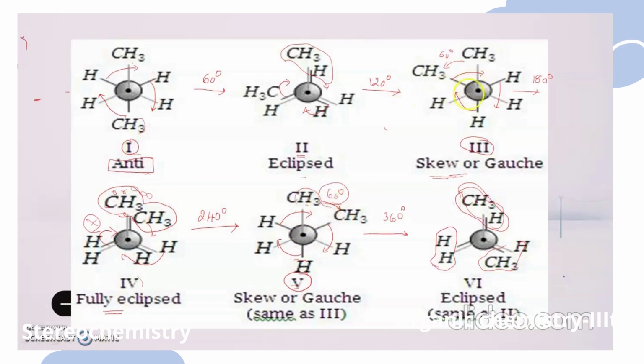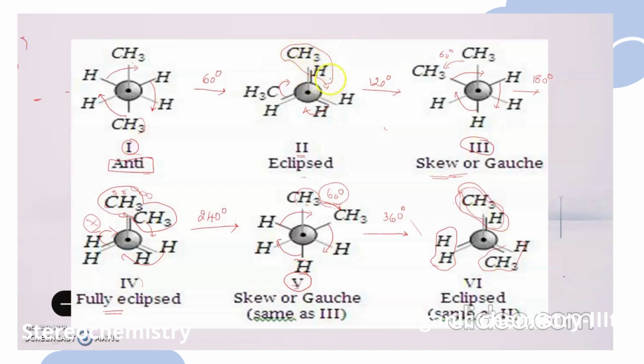So because of that, they experience a little lesser extent of steric hindrance, and hence after anti, the next stable structures are considered to be skew or Gauche structures. And next, after that, eclipsed structures are comparatively more stable than the fully eclipsed structure, because here instead of two bulky groups, one least bulky group, that is hydrogen, and a methyl group are packed together.